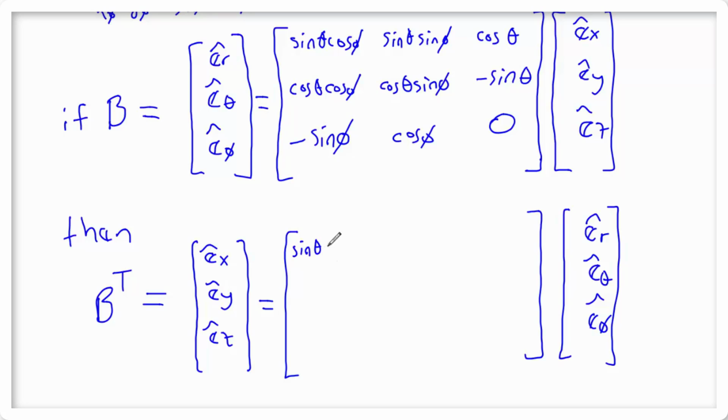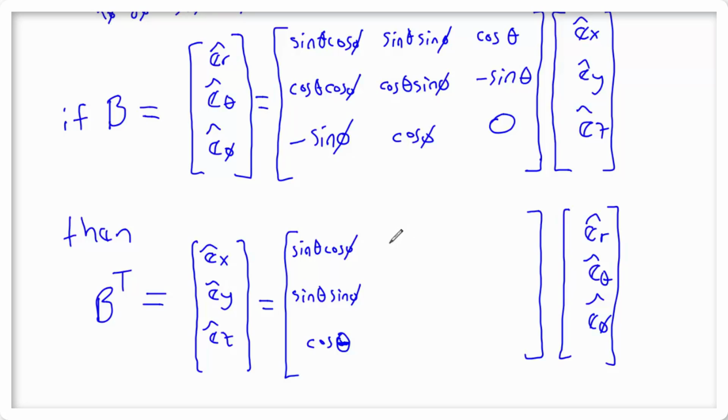So sine theta cos phi, sine theta sine phi. Look, I'm writing this line right now. I wrote this first. I fill in the first column. The second element of the first column, I wrote this. The third element, I write this, cos theta. Then I will make the column again as in the second row.